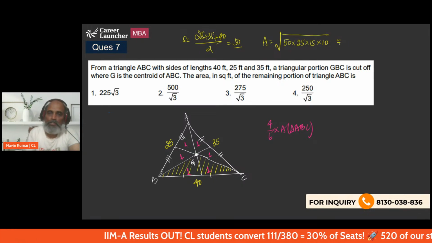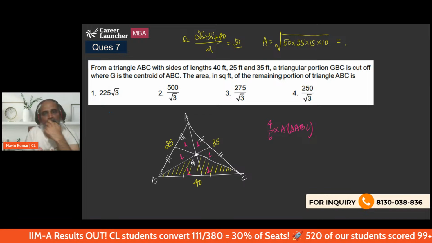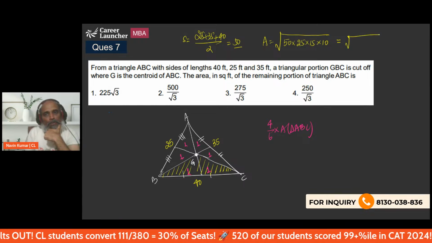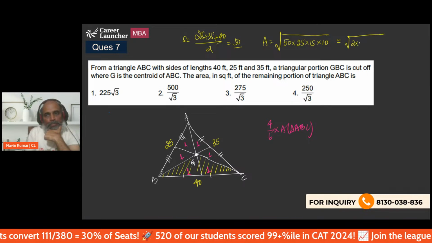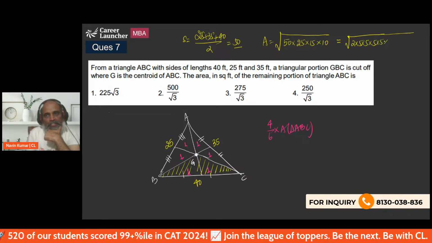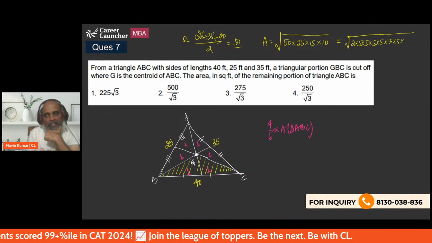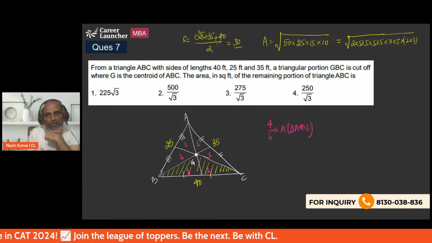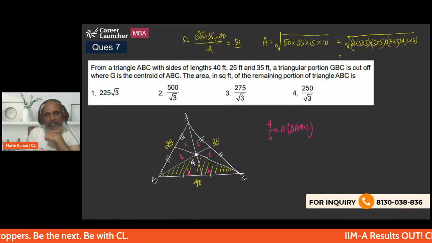So if we break it down or prime factorize it, 50 is 2 into 5 into 5, 25 is 5 into 5, 15 is 3 into 5, and 10 is 2 into 5, right? So let's count how many 5s and how many 2s we have.